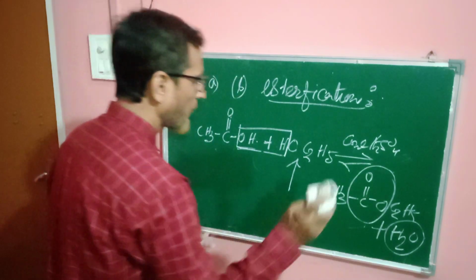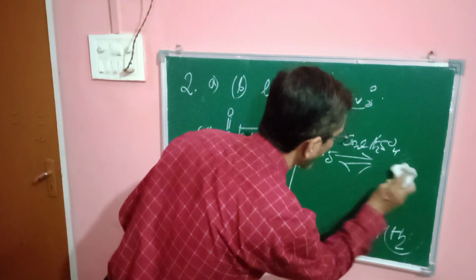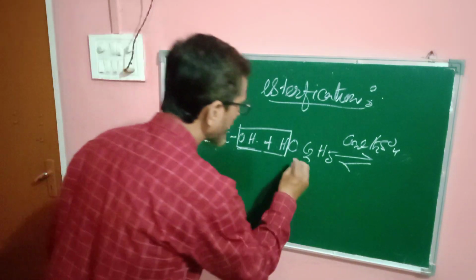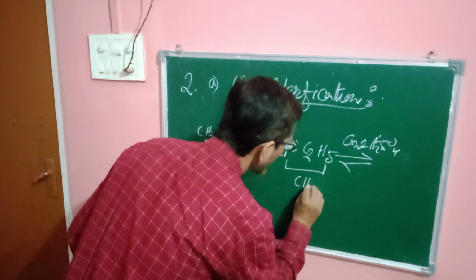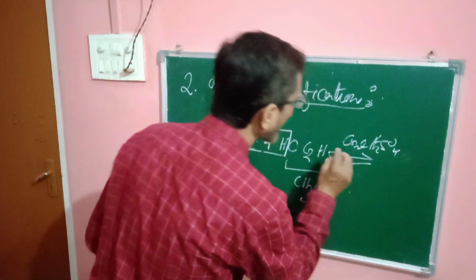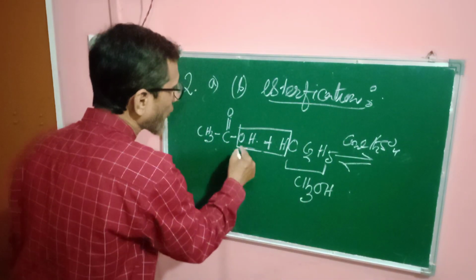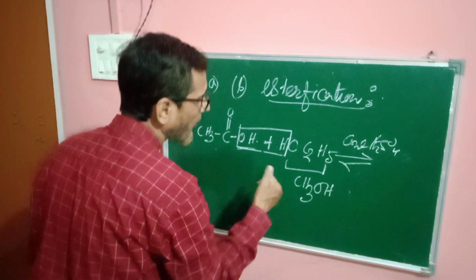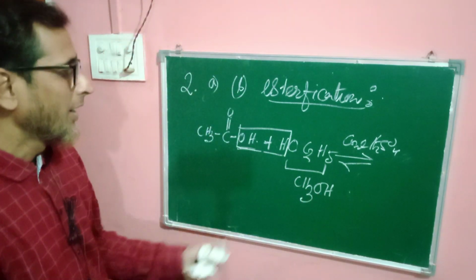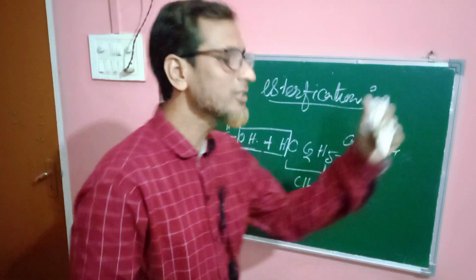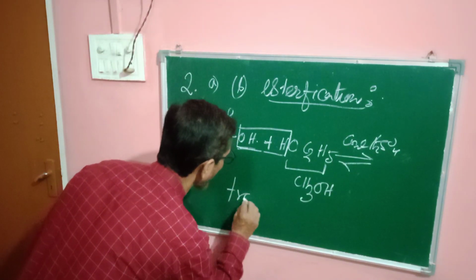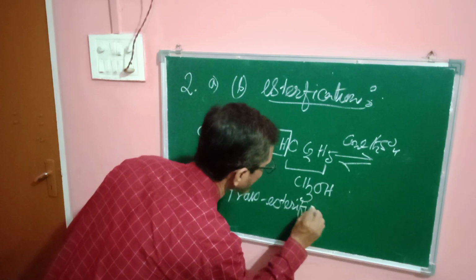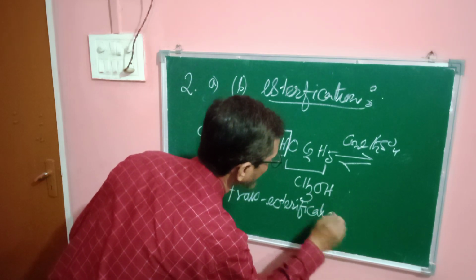Now, one of the very important things, a hint is given in your textbook, and these questions very often appear. In place of ethanol, if you use methanol, again you will get ester. Here we got OC2H5. In this case, we will get CH3COOCH3. That process is called transesterification.